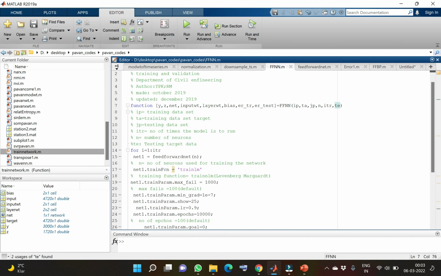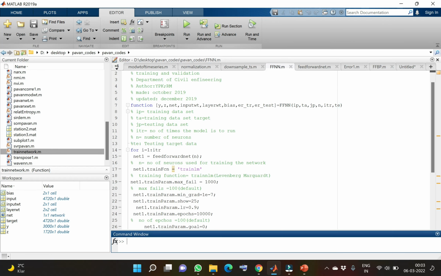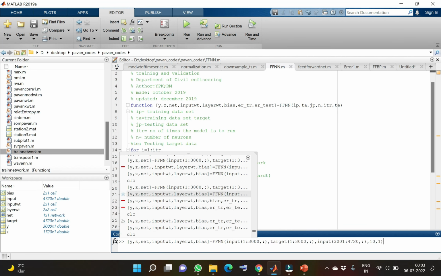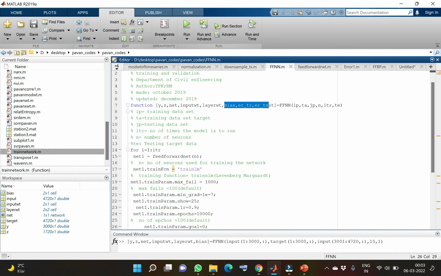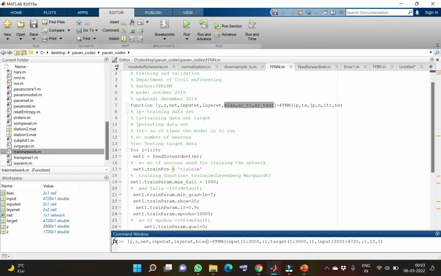After we have given the element te here, we can use the upper arrow key in the command window and see the various codes which we have used earlier, and we can add the remaining components like bias underscore test. Here if you see, we can add this here. Oh sorry, I have added bias twice.